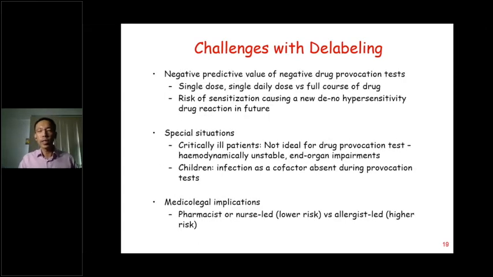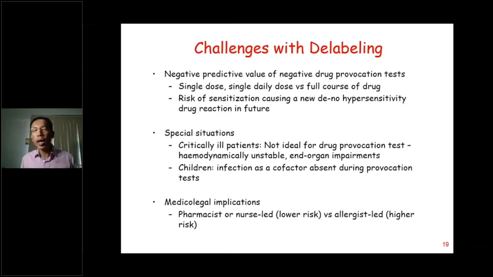So say, for instance, if the patient who was labeled as being allergic to a medicine was subsequently inadvertently given a course of the medication again and nothing happened, then I think it is pretty safe to remove that so-called drug allergy label.